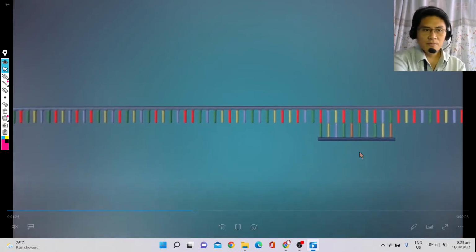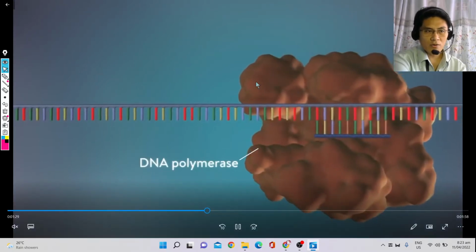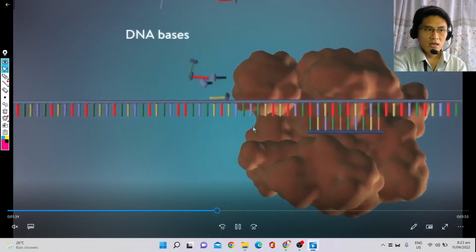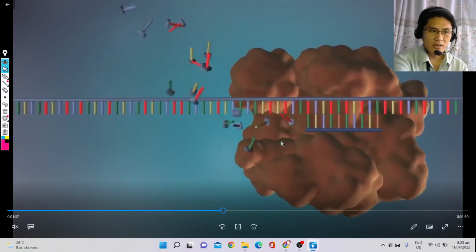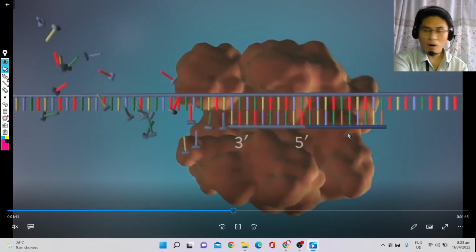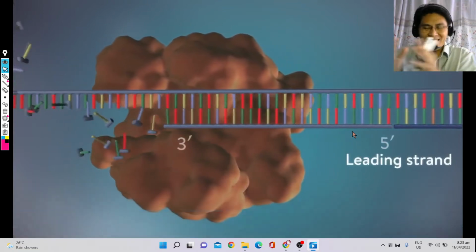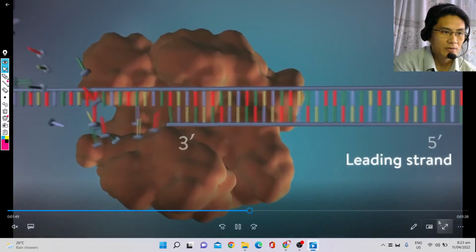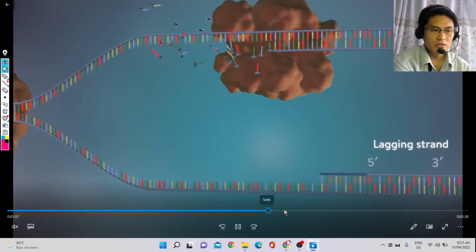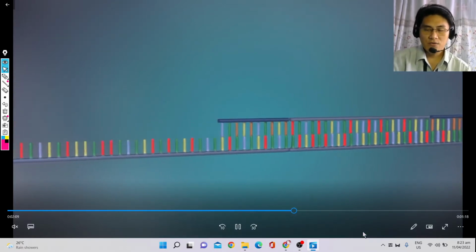And then after that, it just simply sucks in all the nucleotides that are floating, and then it will just simply attach them from 5 prime to 3 prime from the start all the way up to the end of the DNA in one continuous process, right? But in the lagging strand, it can't do that, right? So what it does is it instead builds it in Okazaki fragments.